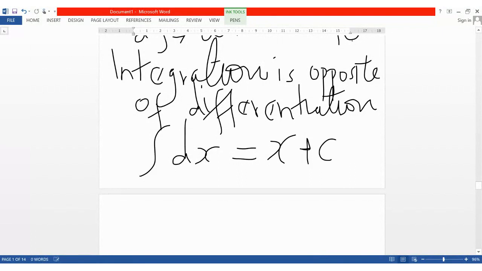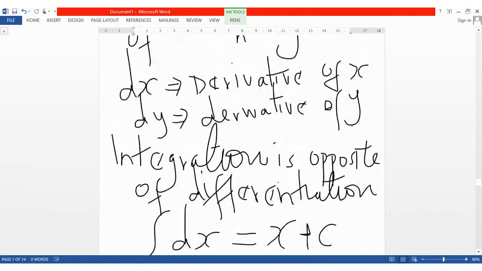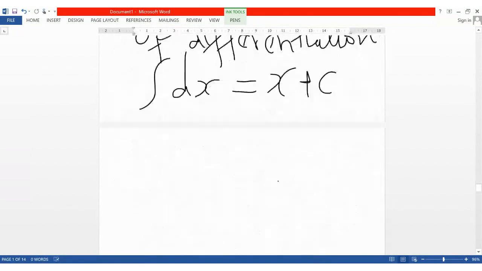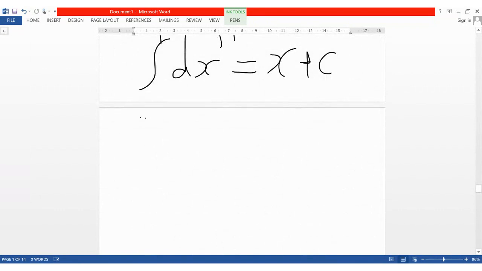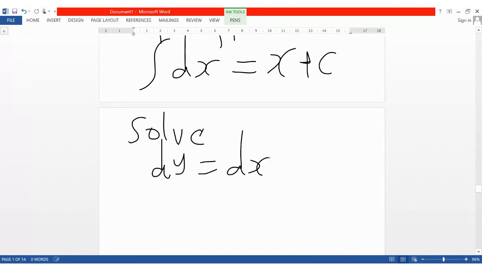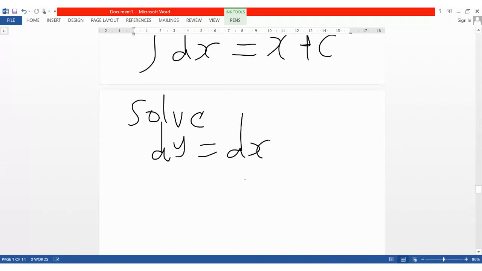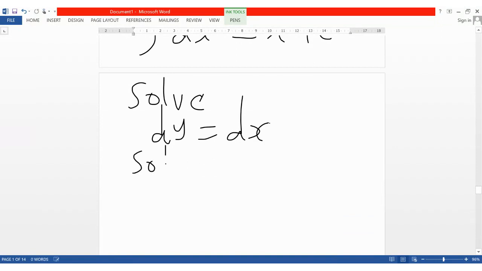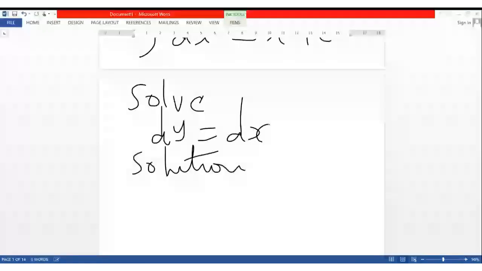So let us solve this one now. This is the equation that I wanted us to solve. I'm repeating the equation again: dy is equal to dx. When you are told to solve such an equation, what do we need to do? We want to solve it in terms of x and y. We don't want to have dx and dy.